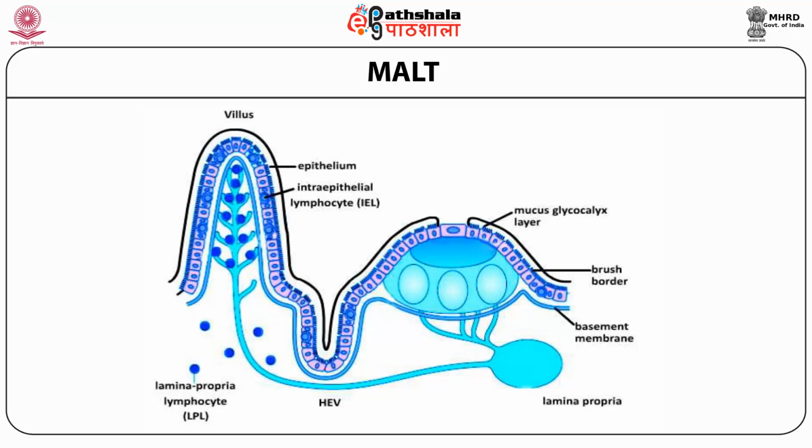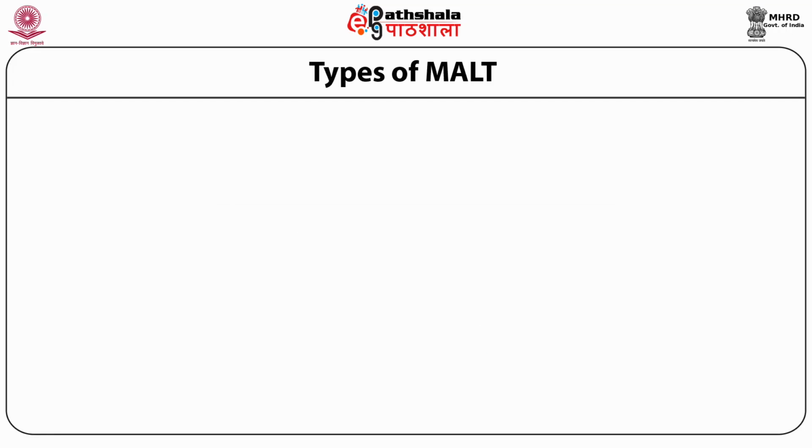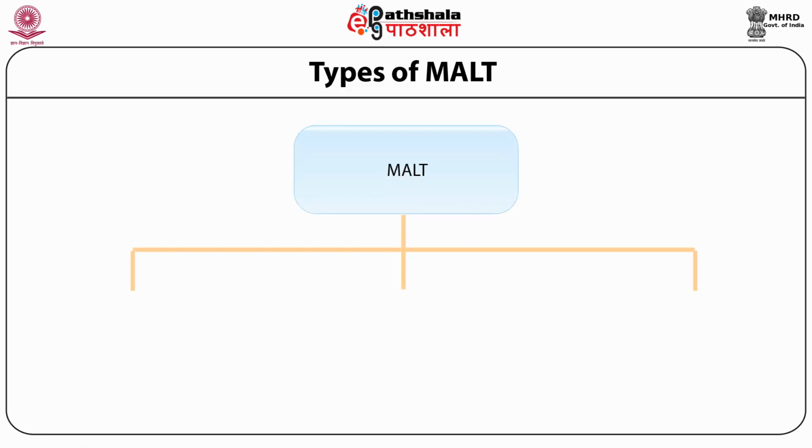The second kind of MALT tissue cells are essentially diffused cell populations below the epithelial cell surfaces. Depending upon their association with a specific kind of tissue, MALT can be subdivided into NALT, BALT, and GALT. NALT stands for nasal associated lymphoid tissues.